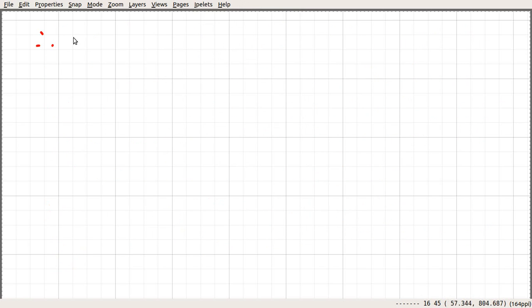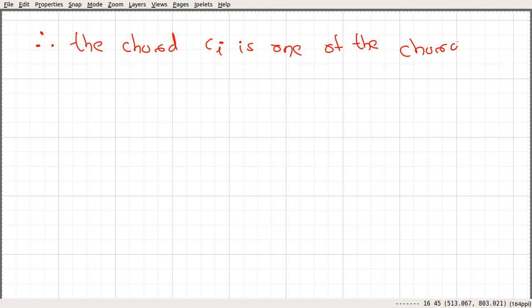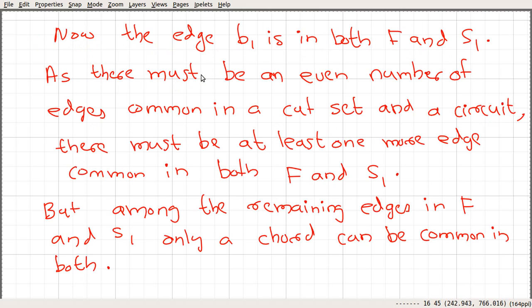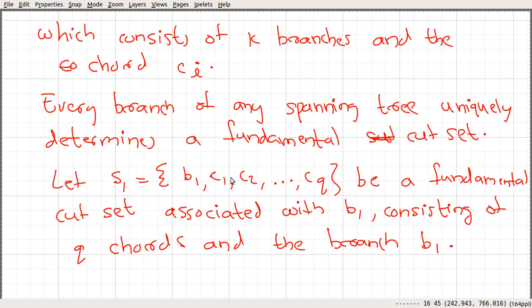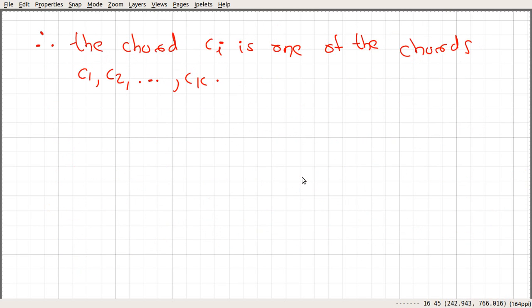Therefore the chord Ci is one of the chords C1, C2 up to Ck. So it must be equal to one among these.